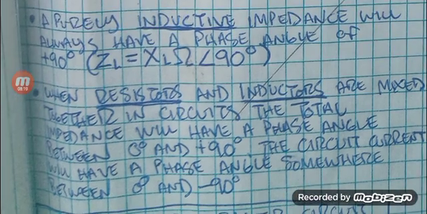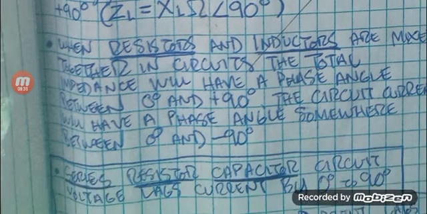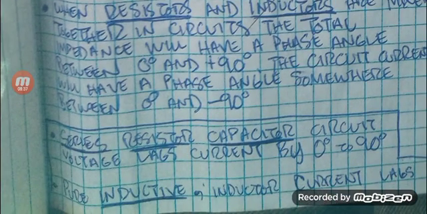And that's what we're dealing with in the motor. We're mixing resistors and inductors, because in the stator each phase is an inductor, and we're mixing capacitance with the resistors. So these phase angle calculations are all important to understand.